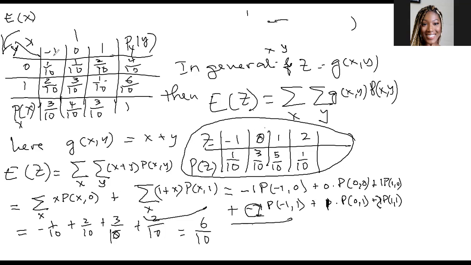E of x, look, x is -1, 0, 1. And the probability of x are 3 over 10, 4 over 10, 3 over 10. Do we see that? So E of x will be -3 over 10 plus 0 plus 3 over 10.